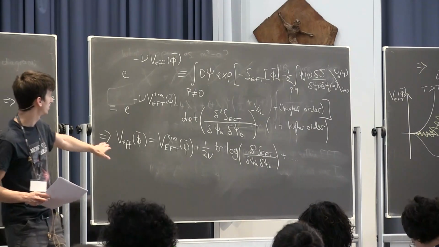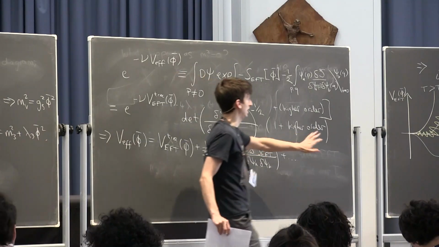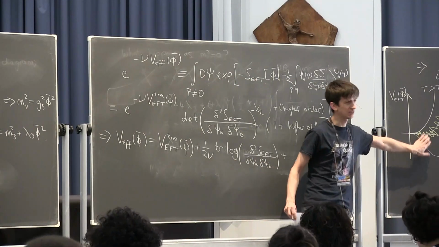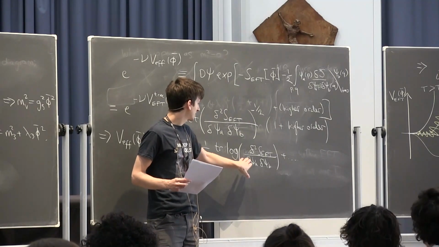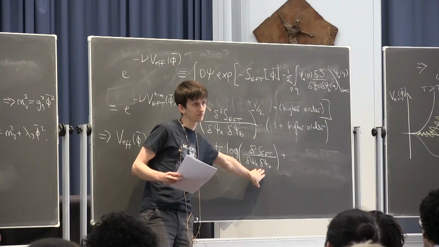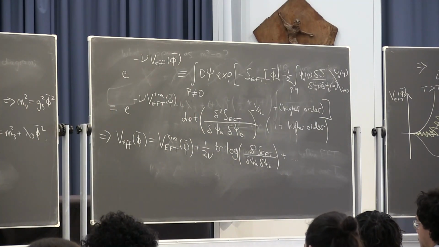Okay, so this is how fluctuations affect my potential, and I want to know how they will affect things, especially in this region in the middle here. What I need to do is calculate the trace of the logarithm of this operator, which is the second derivative operator. So I need to find the eigenvalues of that operator.